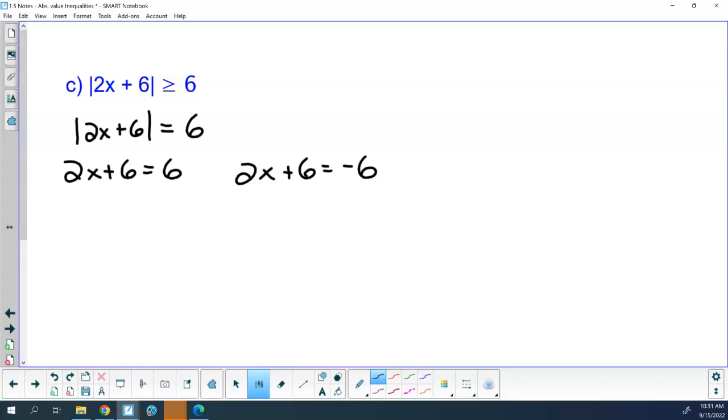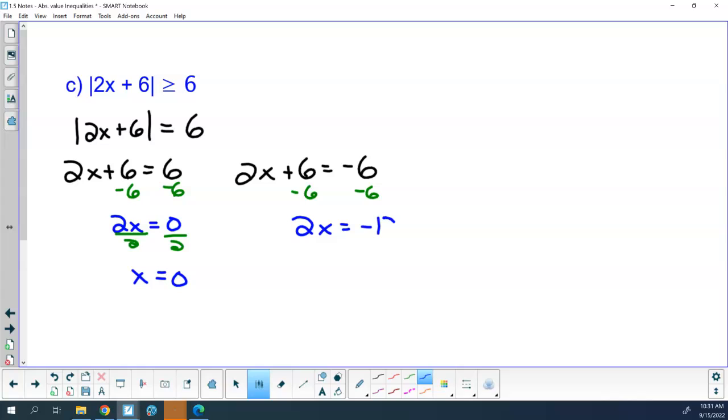So if I subtract my 6 here, that's going to give me 2x is equal to 0. If I divide by 2, that's going to give me x is 0. So one of my key numbers is 0. If I subtract 6 over here, then that gives me 2x equals negative 12.